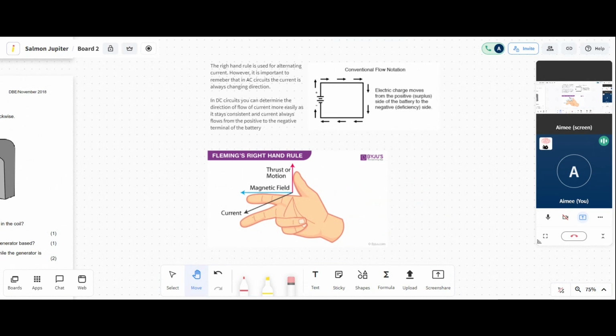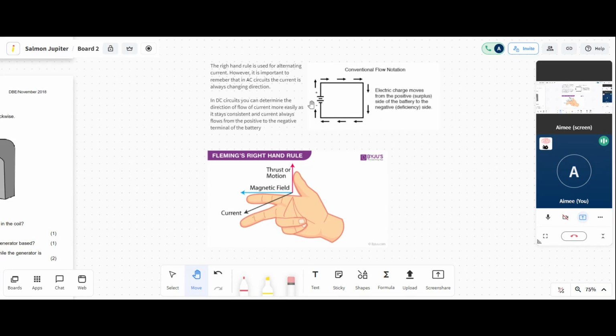But in direct current circuits, it's much easier to determine which way the current is flowing, because direct current systems follow the conventional flow notion, which says that current flows from positive to negative, out of the positive terminal of the battery into the negative.